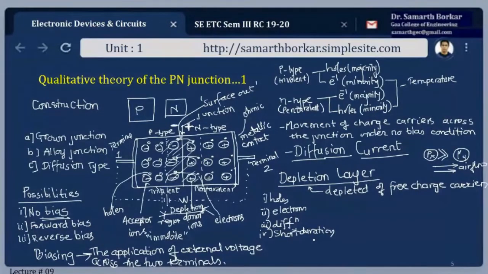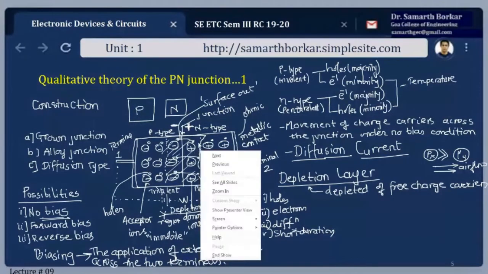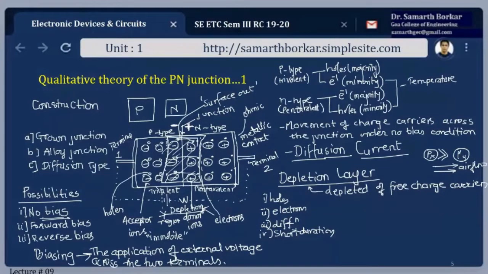After few recombinations of holes and electrons in this neighborhood region of the junction, this is the neighborhood region, a restraining force is set up automatically. Fine, and this force is referred to as barrier. Now, how does it all happen?